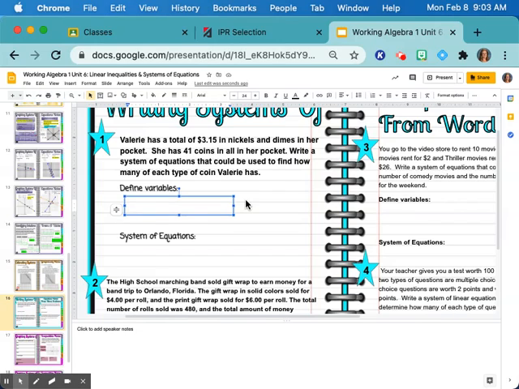So what are the 2 coins that we have? Okay, so we can use N is the number of nickels. And then the other coin is dimes, the number of dimes.